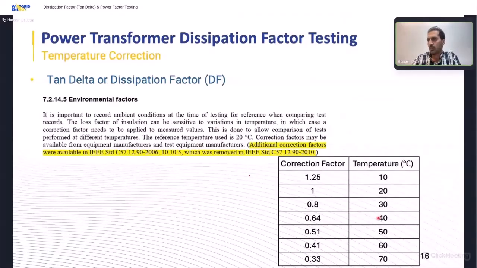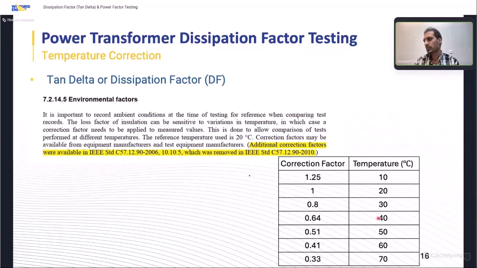About the temperature correction, as you know, the dissipation factor is dependent on temperature of the insulation, especially for power transformers. In old version of IEEE standard, I mean IEEE C57.12.90, we had some correction factors for power transformers, but in newer version of the standard, it was removed because they said that the manufacturers are using different insulation inside of the transformer, different paper, different oil, so we cannot have the same correction factor for all types of power transformers.